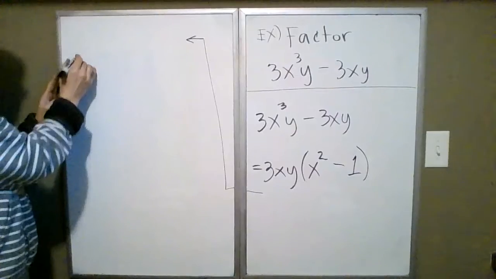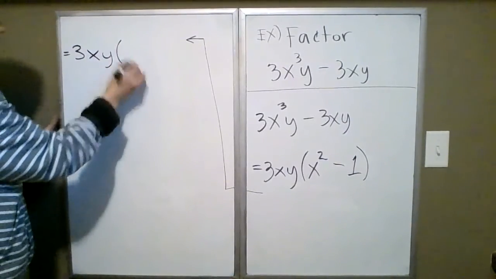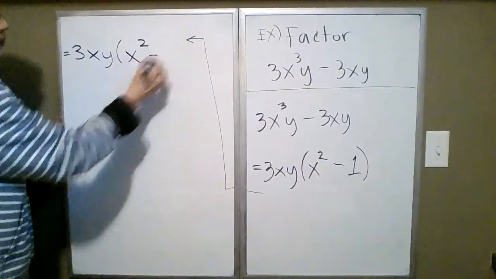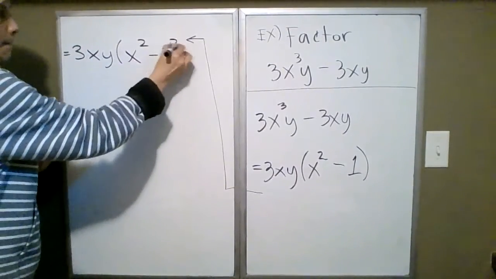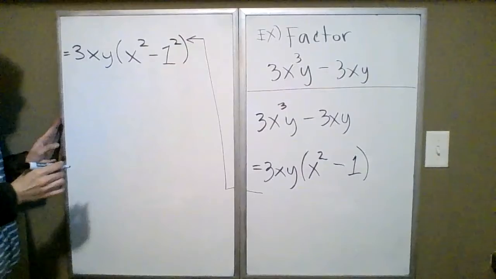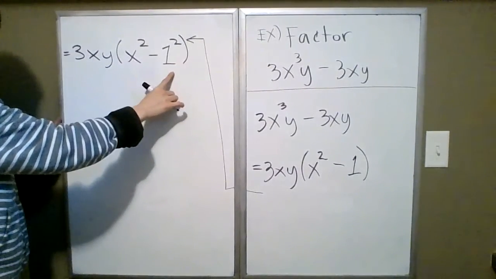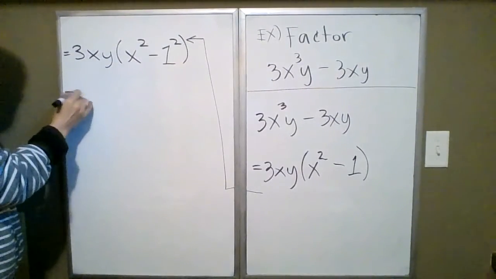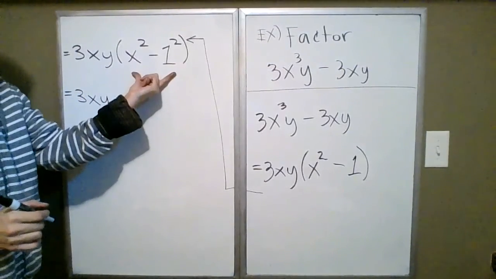There's a 3xy times x squared, and we rewrite 1 as 1 squared. And that part in the parentheses is the difference of squares. So you've got your 3xy, and factor this to x plus 1 times x minus 1.